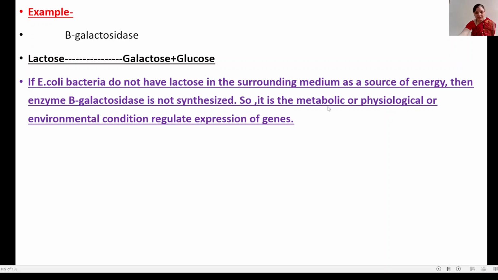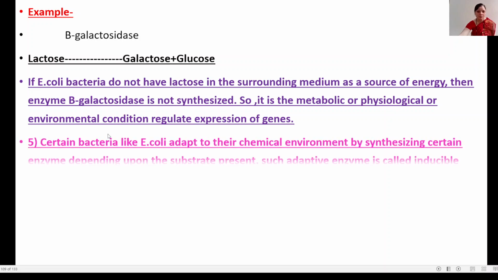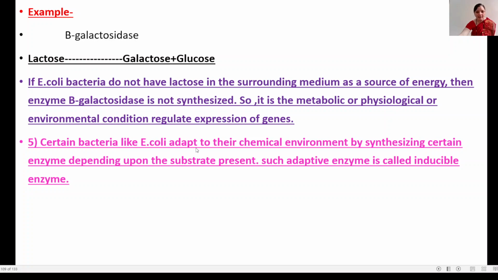So it is the metabolic or physiological or environmental condition that regulates expression of a gene. Certain bacteria like E. coli adapt to their chemical environment by synthesizing certain enzymes depending upon the substrate present.